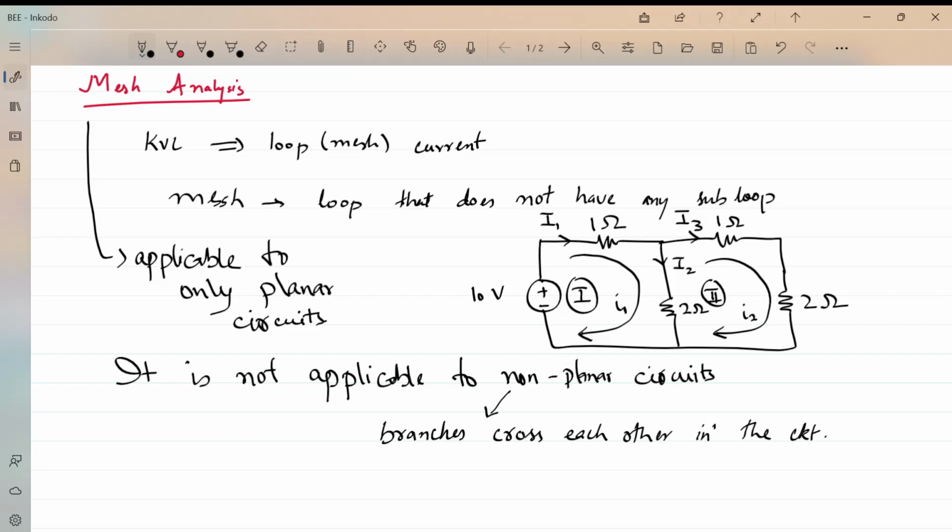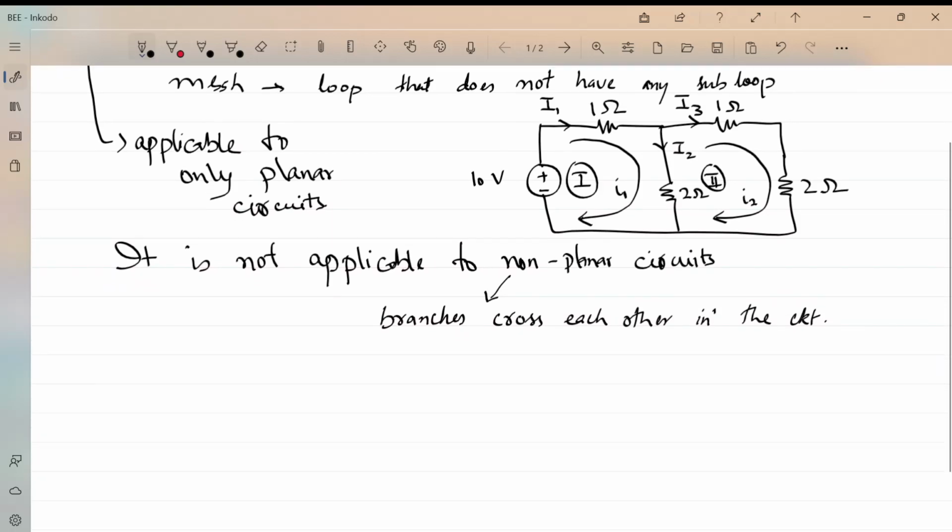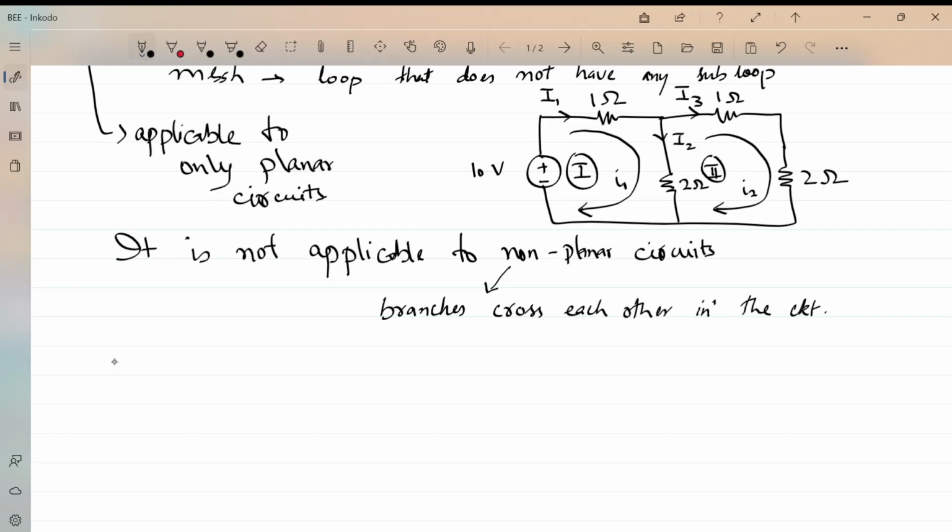Now coming back to the circuit, we have assigned the mesh currents I1 and I2 in the two meshes, loop 1 and loop 2. So what we do is apply KVL, applying KVL to loop 1.